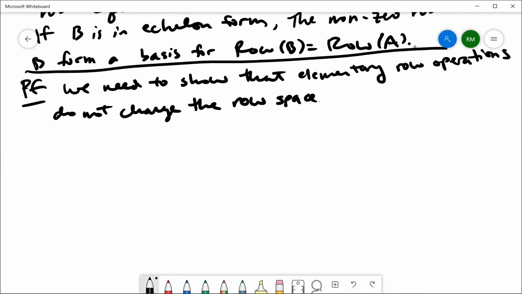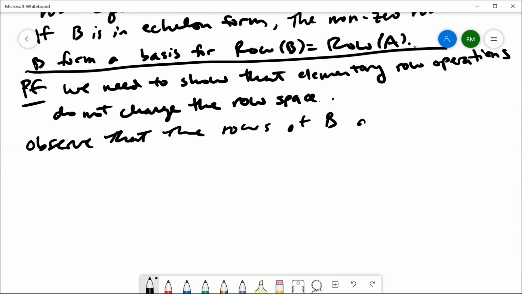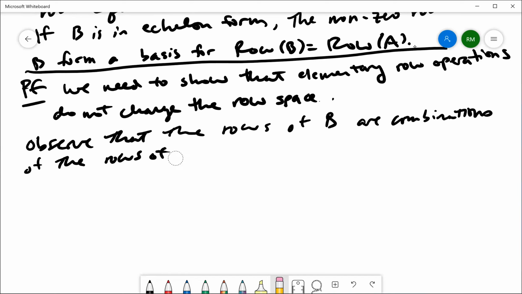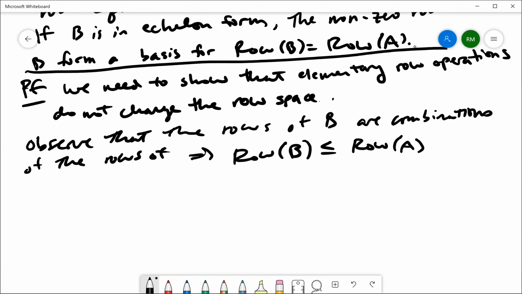Observe that the rows of B are combinations of the rows of A. So what this should tell us is that the row space of B is smaller than or equal to the row space of A. Makes sense.